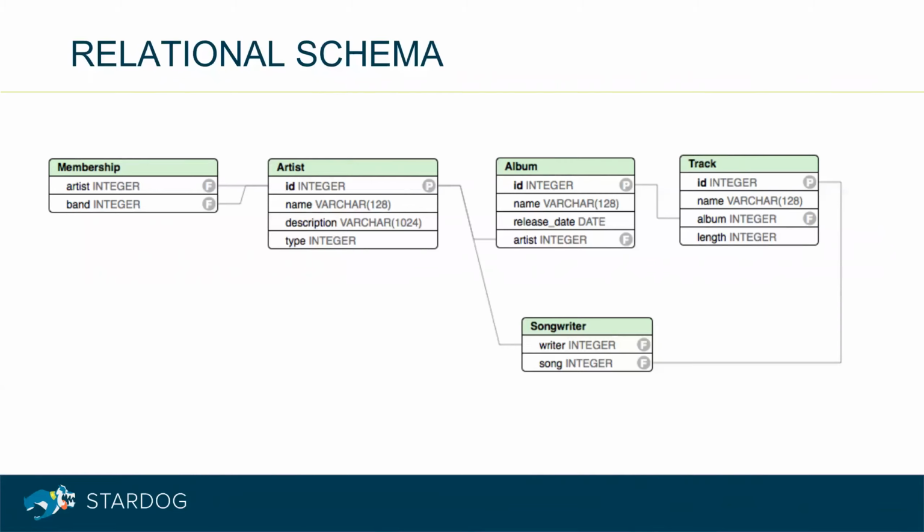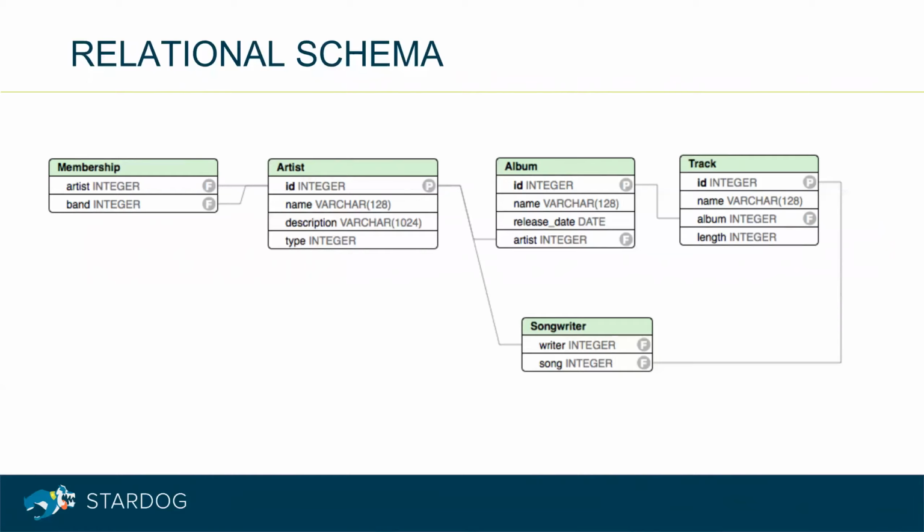And there are also some foreign key constraints, as shown by the lines connecting the tables in the schema. So looking at this diagram, it's kind of obvious that the schema is conceptually representing a graph, and the foreign key constraints are hinting at what kind of connections we have in the graph.